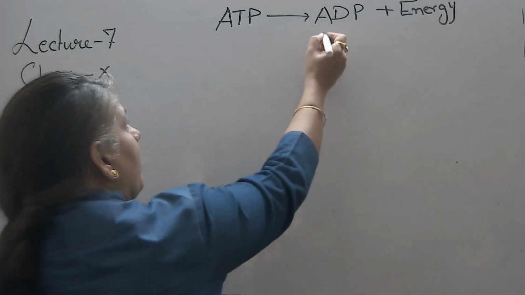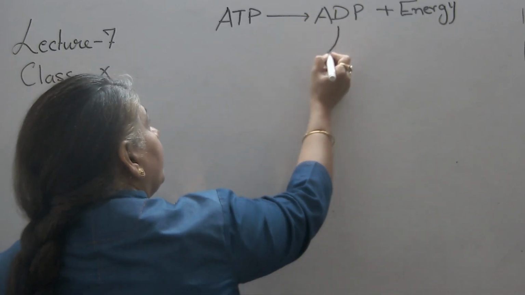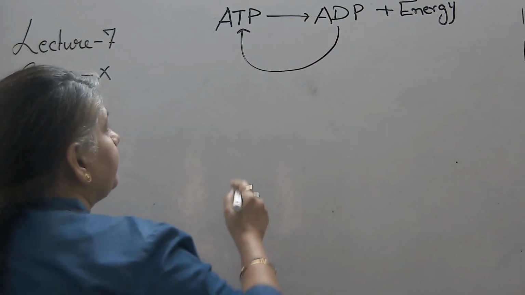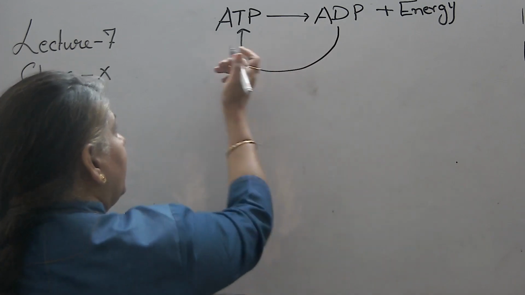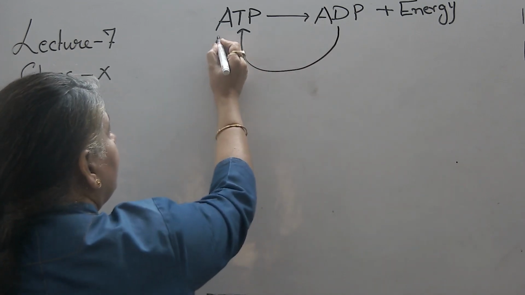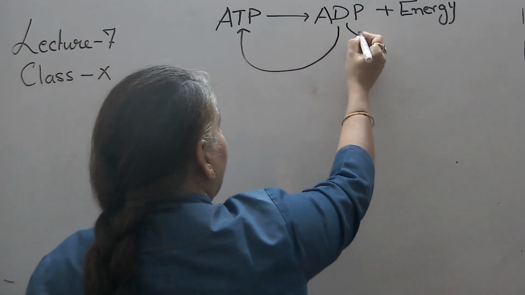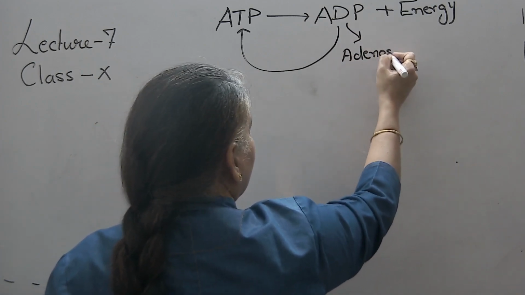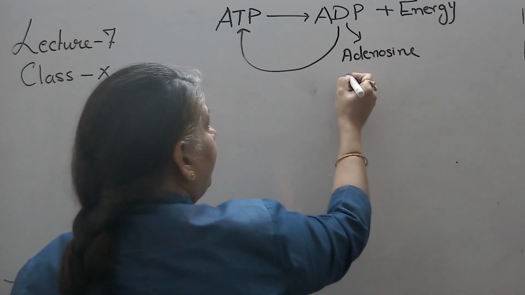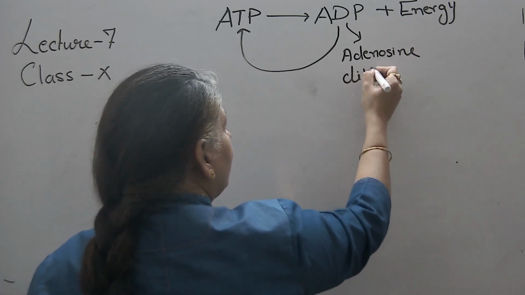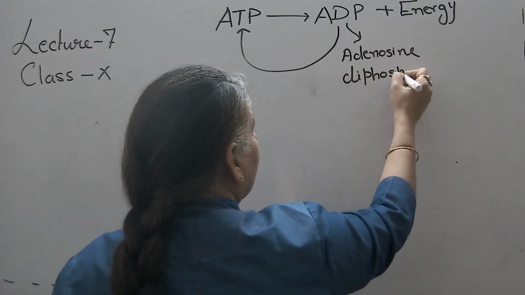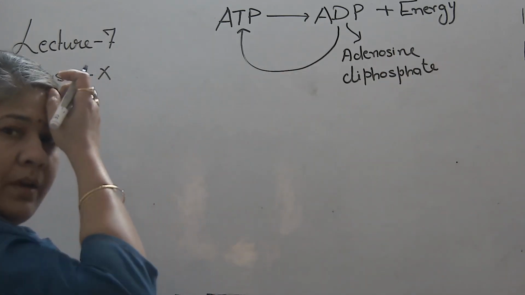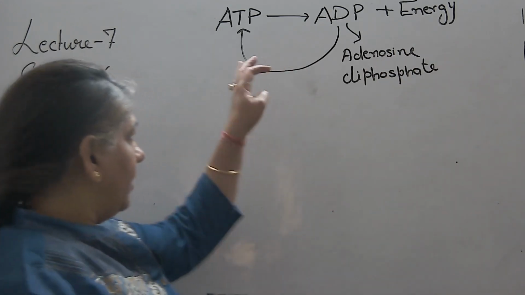This keeps on happening, so this will again get converted to ATP. So this continuous conversion takes place. ADP is adenosine diphosphate, and ATP is adenosine triphosphate.